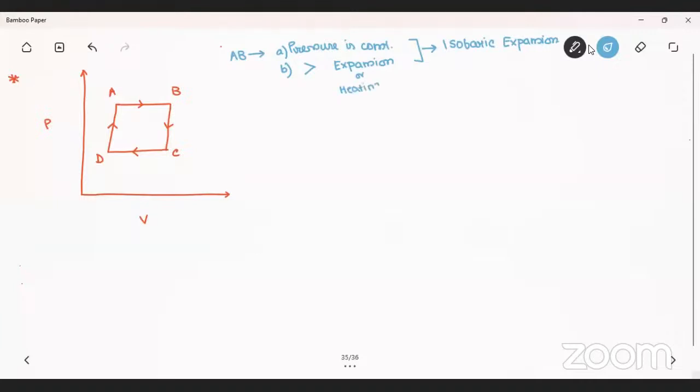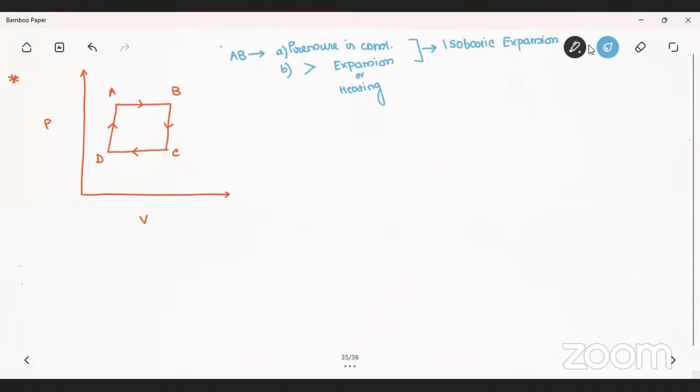Ma'am, can you explain once again if you don't mind? Yeah. This is given and they will just ask you what is AB. Four options will be given: isobaric expansion, isothermal expansion, isobaric contraction, whatever. Now, I told you if this is constant, then this line will be going parallel to volume.